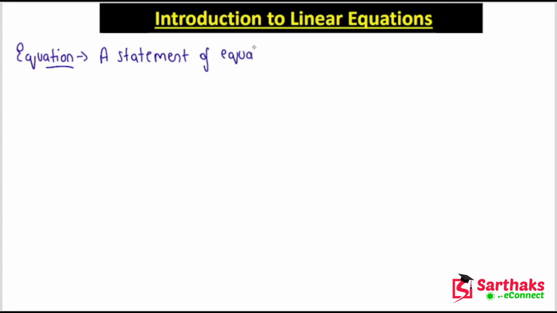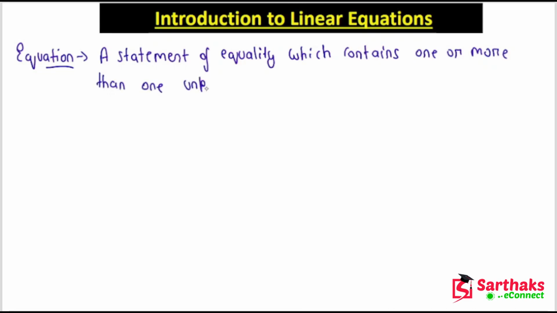That is a statement involving an equal sign, a statement of equality which contains one or more than one unknown quantity, which is also known as variables, unknown quantity, or you can call it variable.